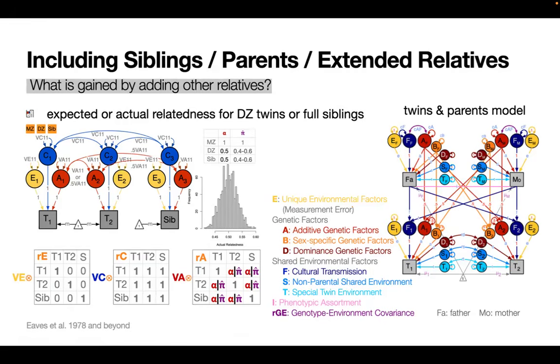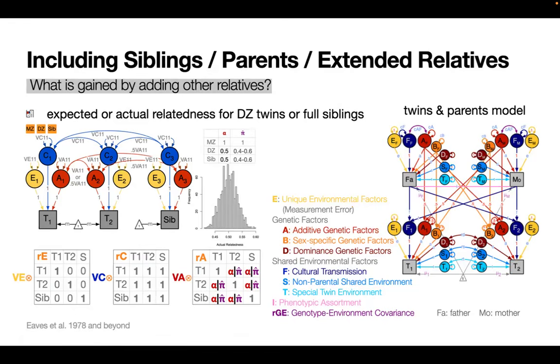And if parents both contribute to the environment of their children through cultural transmission, and the trait is genetic, so there is genetic transmission, then this would allow us an estimate of genotype environment covariance, which is also termed genetic nurture.